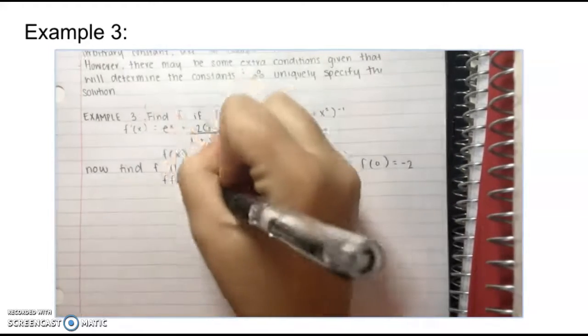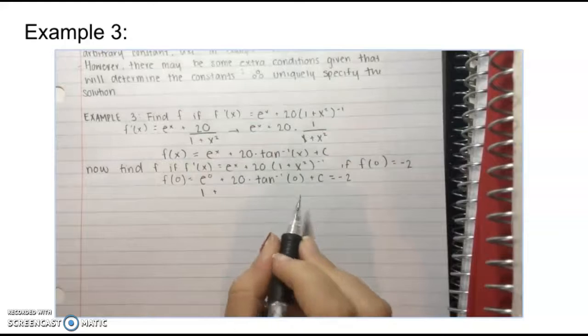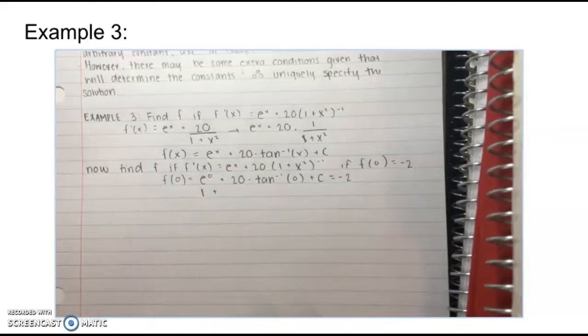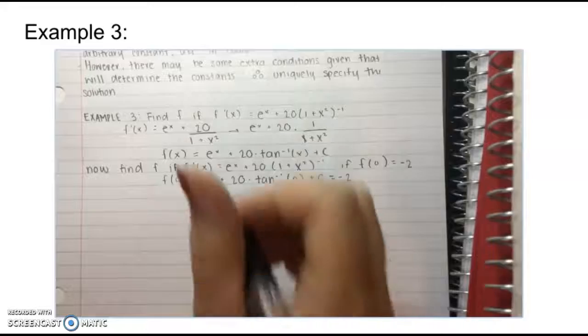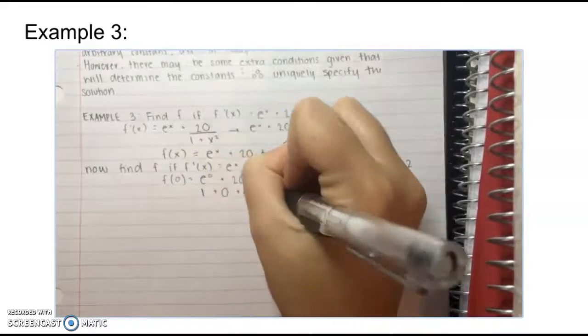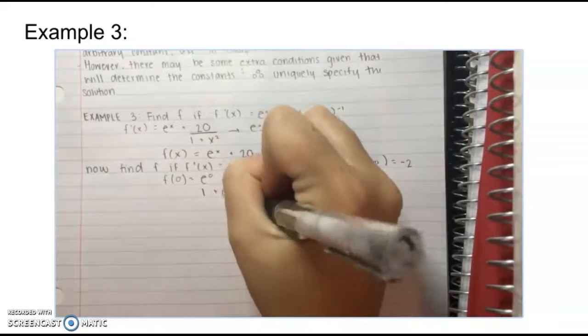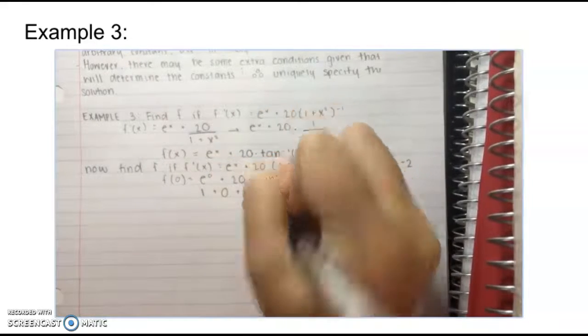Now e to the 0 is 1, plus inverse tan of 0 is 0, because when you think of the unit circle, it's 0, times 20, 0 times a number is 0. So you get 1 plus c equals negative 2. Now we need to get c alone, which means c equals negative 3.